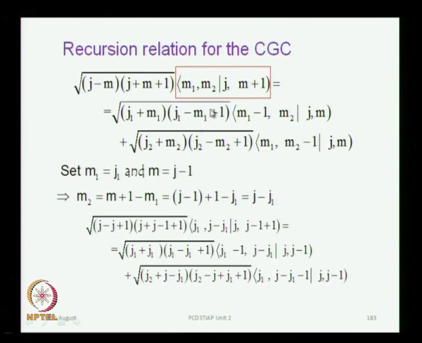Wherever you have m2, like here, we found m2 is j minus j1, so m2 takes the value j minus j1 over here. So in this step all I have done is to use the recursion relations and only substitute the quantum numbers appropriately.